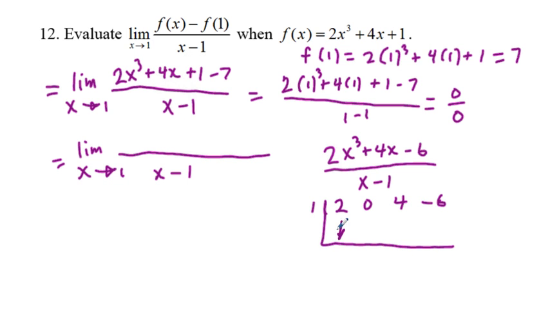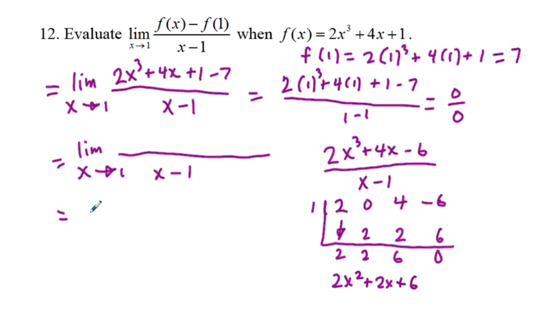So we bring down the 2, we get 2x squared, 1 times 2 is 2. We get 2. 1 times 2 is 2 here. 4 plus 2 is 6. 1 times 6 is 6. We get a remainder of 0. So we're going to get 2x squared plus 2x plus 6 after factoring out our x minus 1, since we divided by x minus 1.